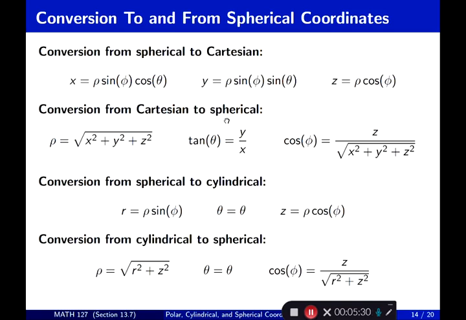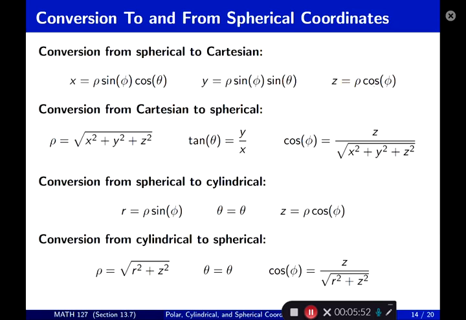So how do we convert? Conversion to and from spherical coordinates. Conversion from spherical to Cartesian is these formulas. X is going to be rho sine phi cosine theta. Y is going to be rho sine phi sine theta.